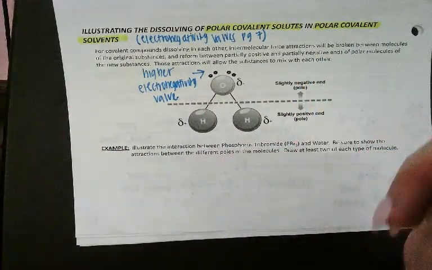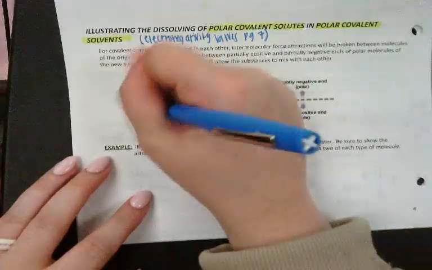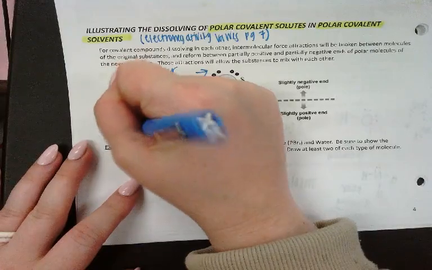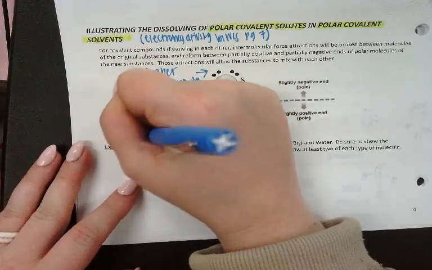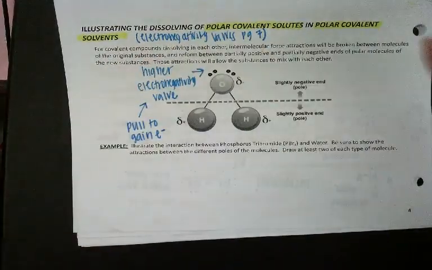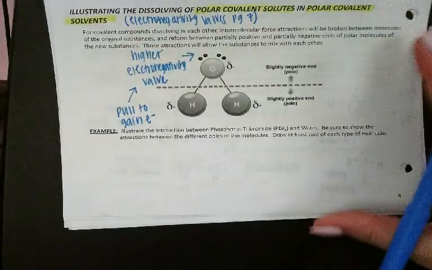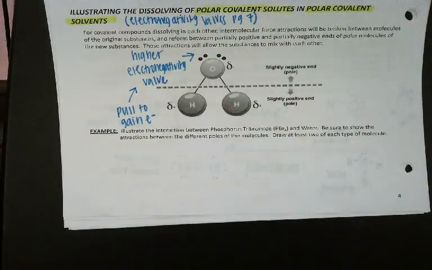When I have a higher electronegativity value, my pull to gain electrons is higher. Can anybody remember or tell me, do my noble gases have electronegativity values? Why? They're full. Do they want to pull any electrons? No, why would they? They're happy. They're noble. They got all 8.